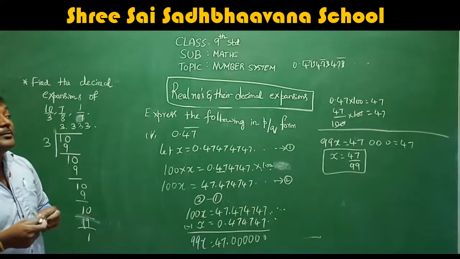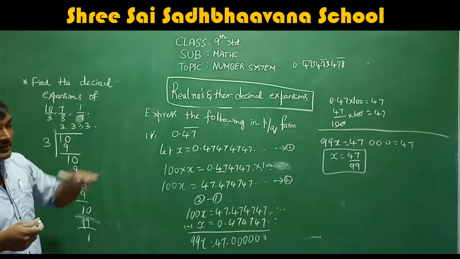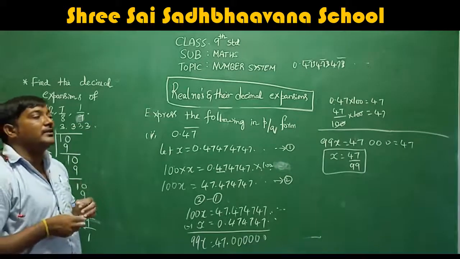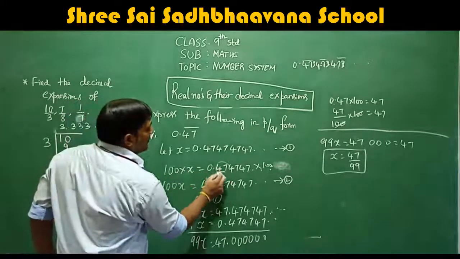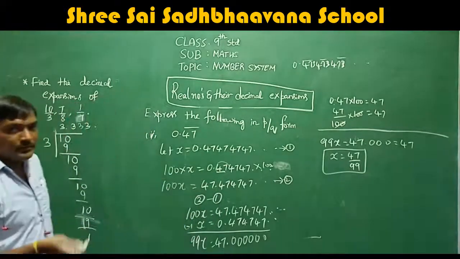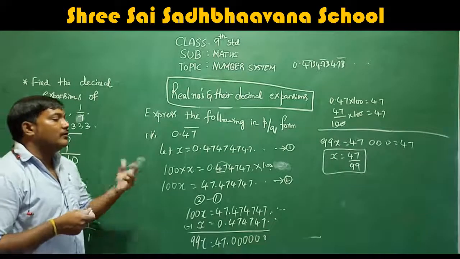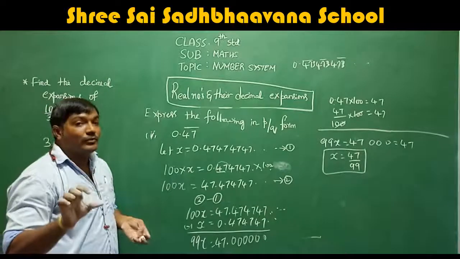Similarly, we can write 0.47 as 47 by 100, into 100; the 100 will cancel and you will get 47. So if you multiply by 100, these two digits will come before the decimal point: 47.474747.